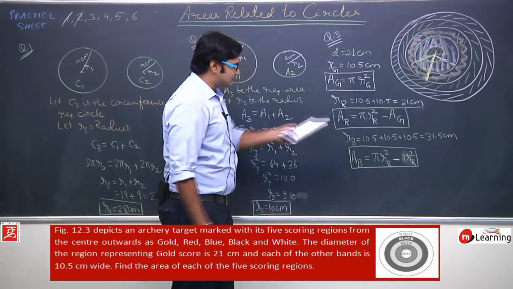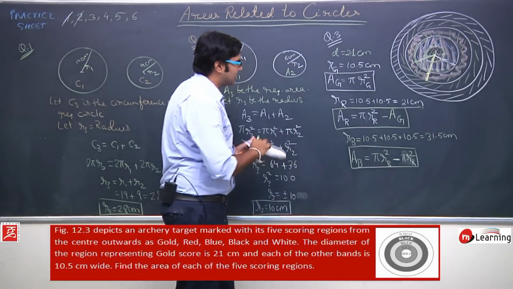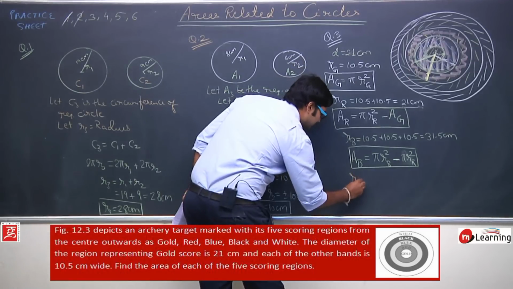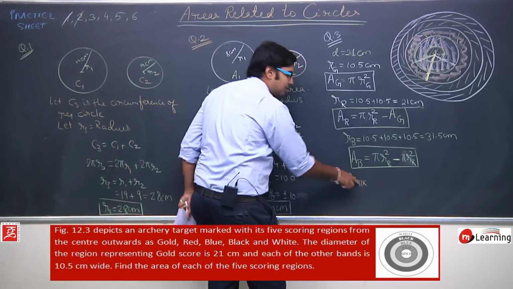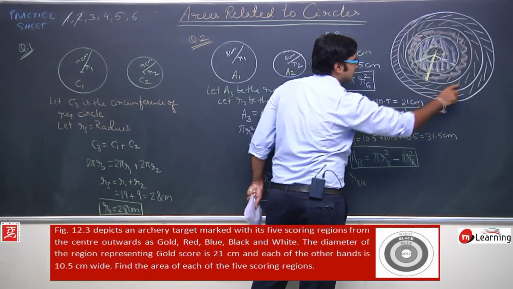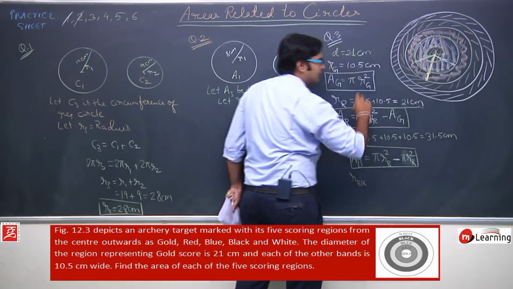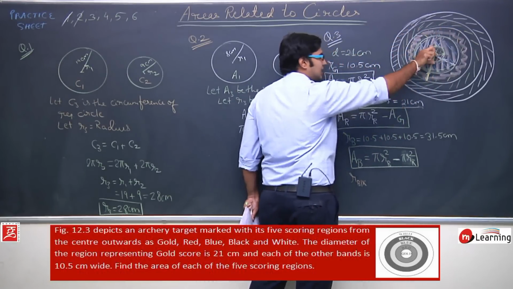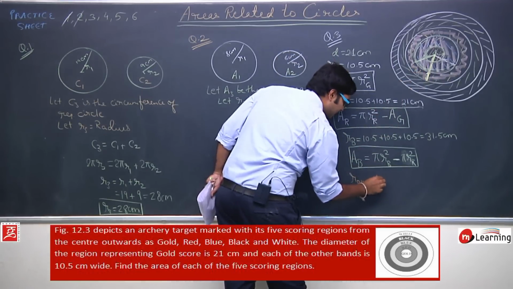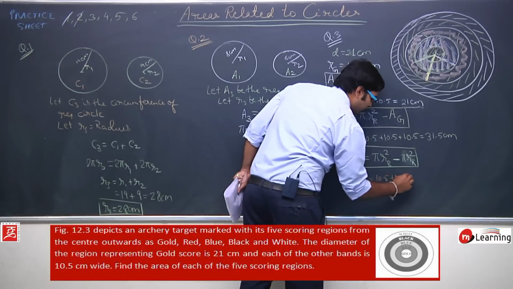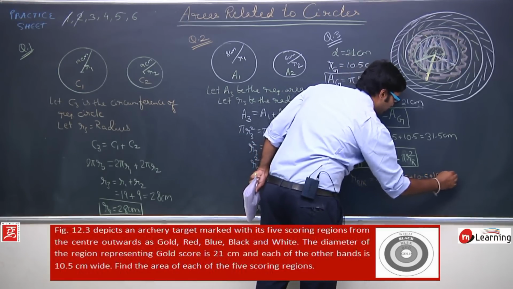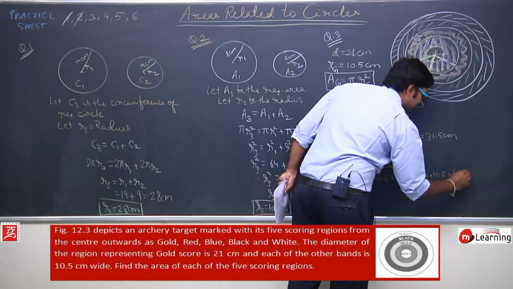Now after the blue region, the next is the black region. Let us represent its radius as r black. This is the black region, only this part. What is the radius of the black region? It will be 10.5 plus 10.5 plus 10.5 plus 10.5, that is 42 centimeters.